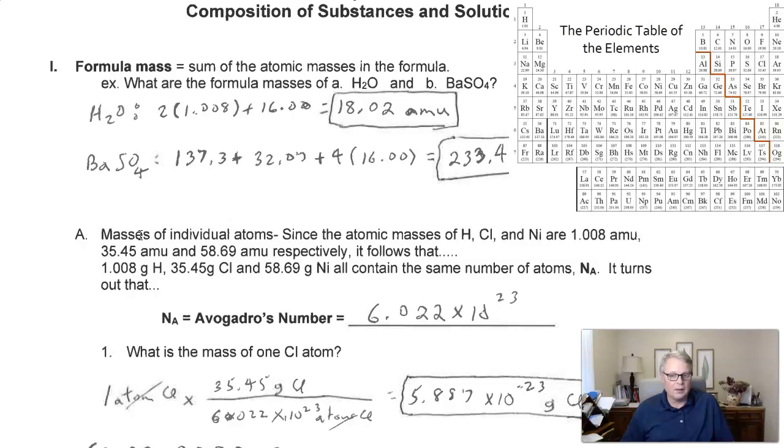Okay? Well, I know that a chlorine atom weighs 35.45 AMU, and I know that a hydrogen atom weighs 1 AMU. So therefore, a chlorine atom is about 35 times heavier than a hydrogen atom. Make sense? So if I have 35 grams of chlorine and 1 gram, roughly, of hydrogen, since I've got 35 times the weight here, those two samples ought to have the same number of atoms.